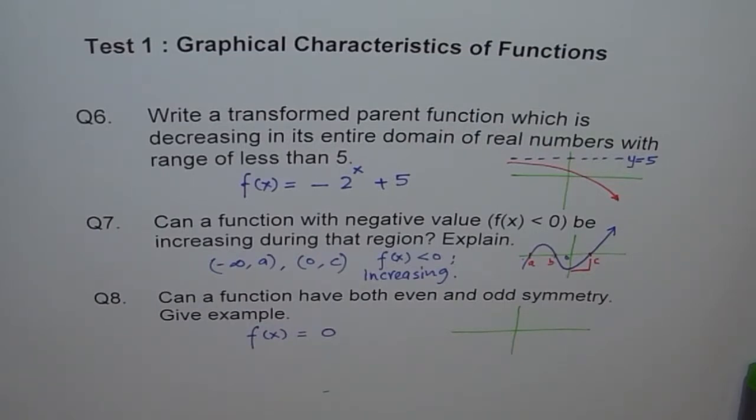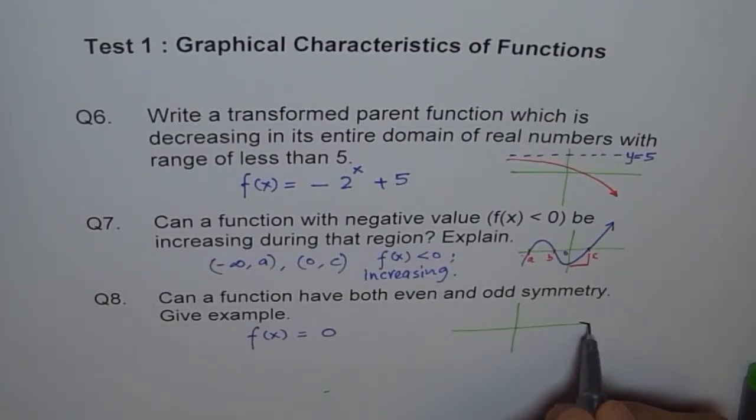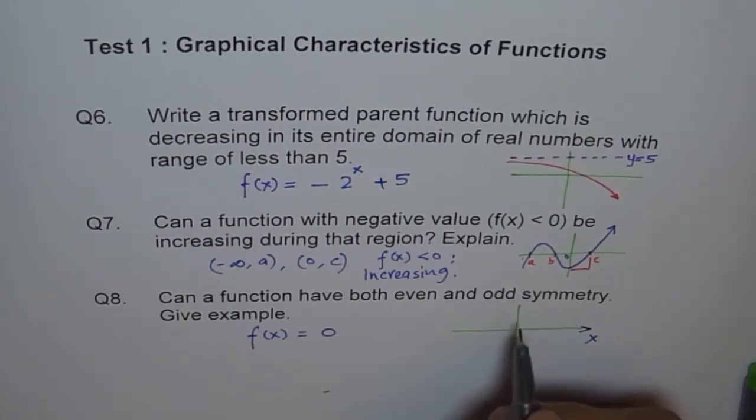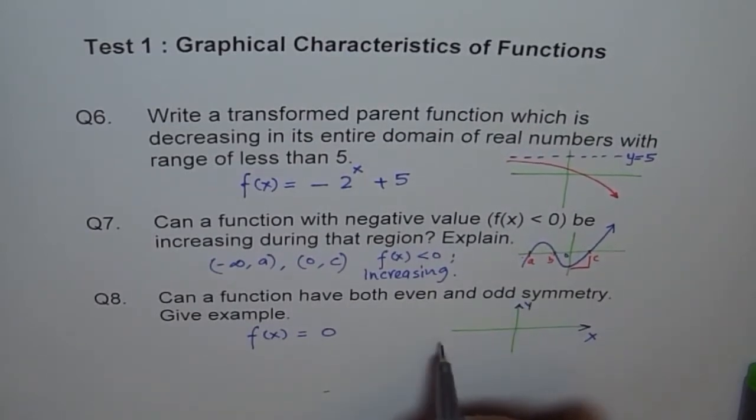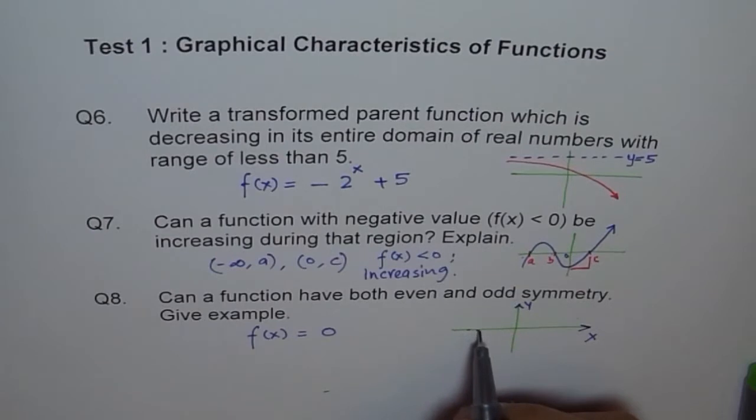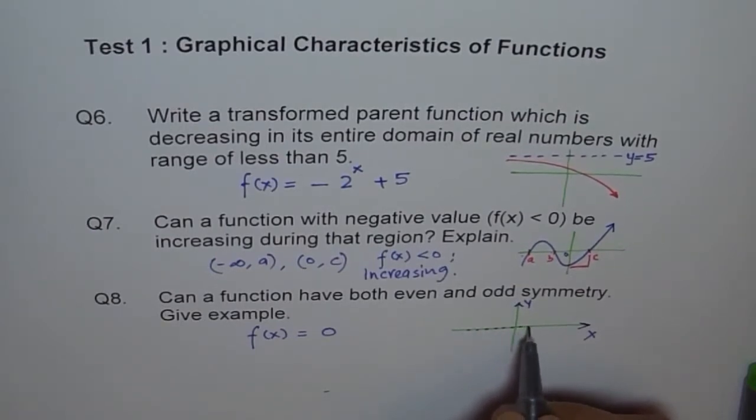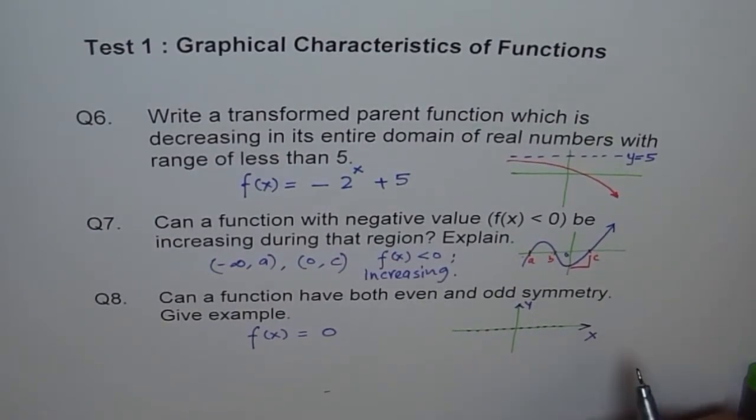You watched my video on polynomials where I started with this function itself, f of x equals 0. It is a very basic function. We sometimes forget about it. f of x equals 0 represents the x-axis. See, on the x-axis, f of x is always 0, right?